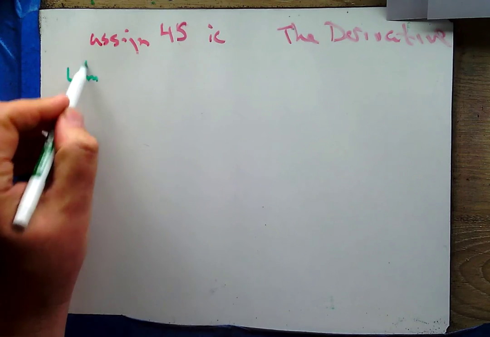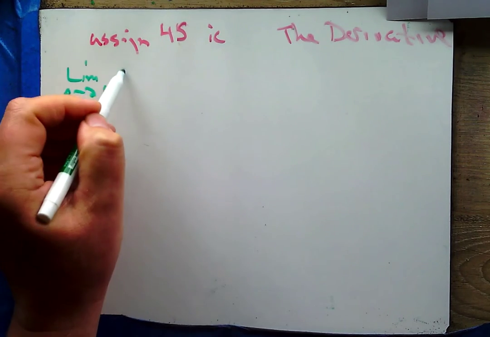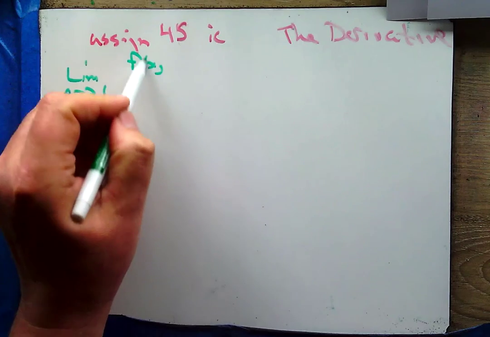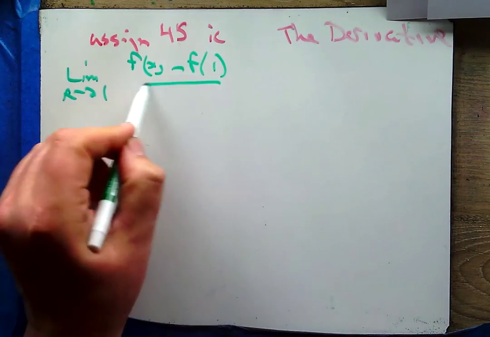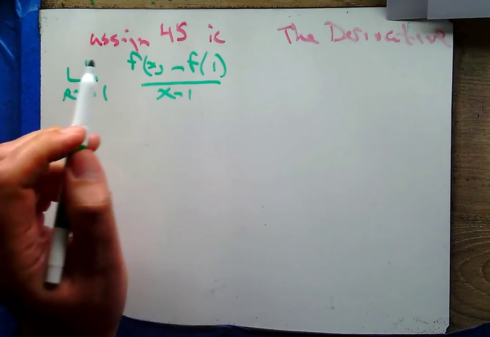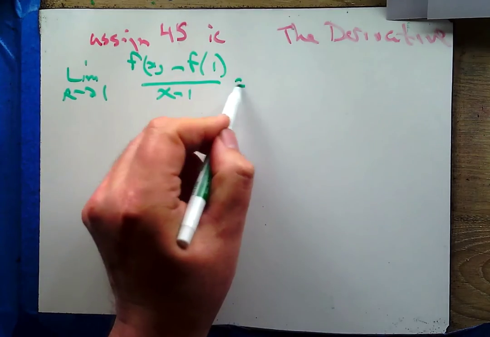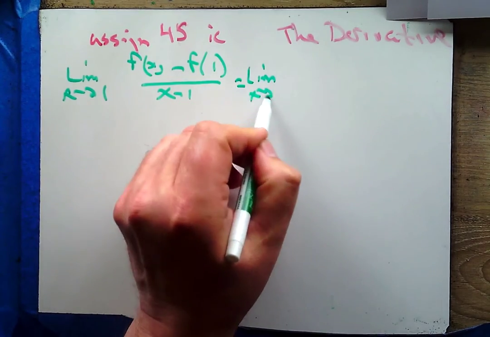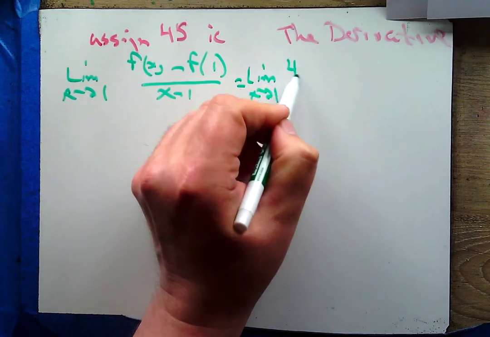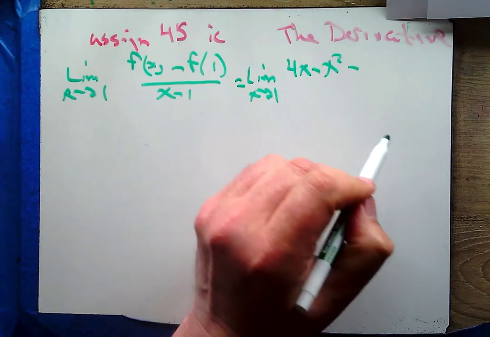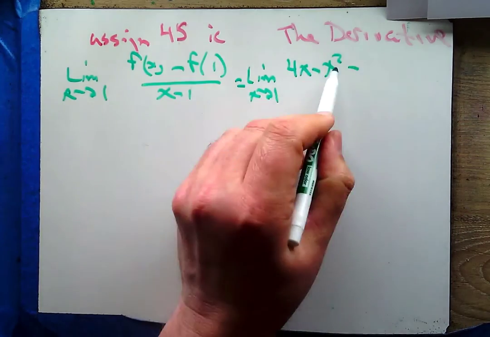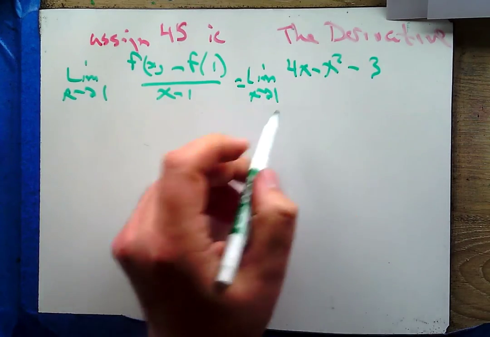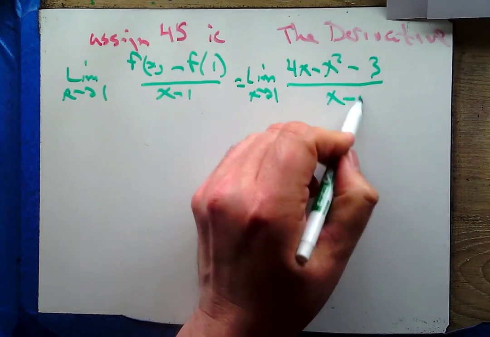So the limit as x approaches 1 of f(x) minus f(1) over x minus 1. And that's going to be the limit as x approaches 1 of 4x minus x squared minus f(1), which is 3, all over x minus 1.